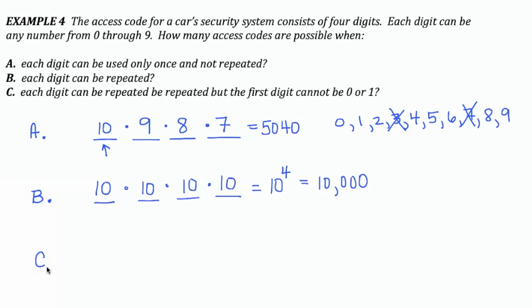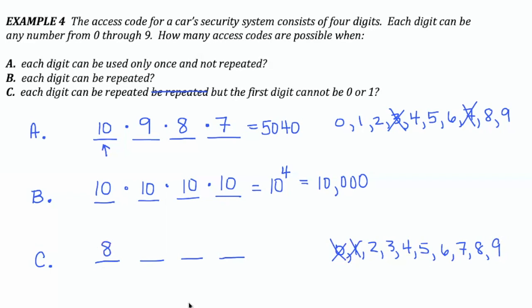Now, in the last situation, I'm given one additional condition. Each digit can be repeated, but the first digit cannot be 0 or 1. So I'm going to put out my blanks for each digit and think about how many choices I have now. If the first digit can't be 0 or 1, then I'm left with 8 possible choices for the first spot. Now, after that, it says the digits can be repeated.